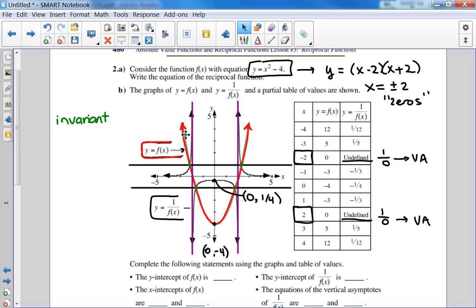If this one's growing this way, what's the reciprocal going to be doing? Shrinking. And you get really, really close to 0, but you never touch it. So as this gets really, really big, the flipped graph is getting really, really small. And then there's some symmetry on the other side. So now this is at x positive 2.